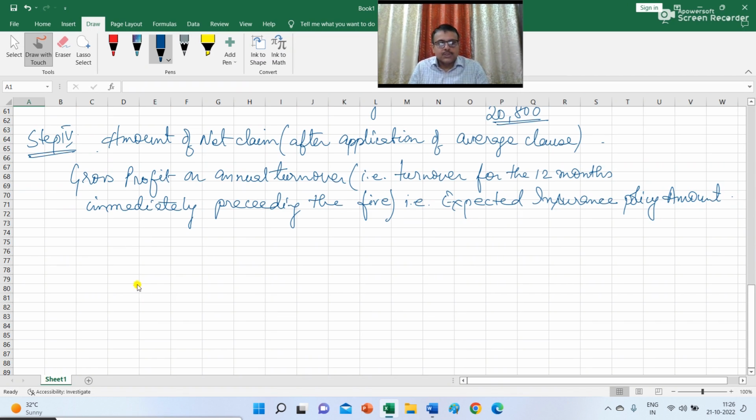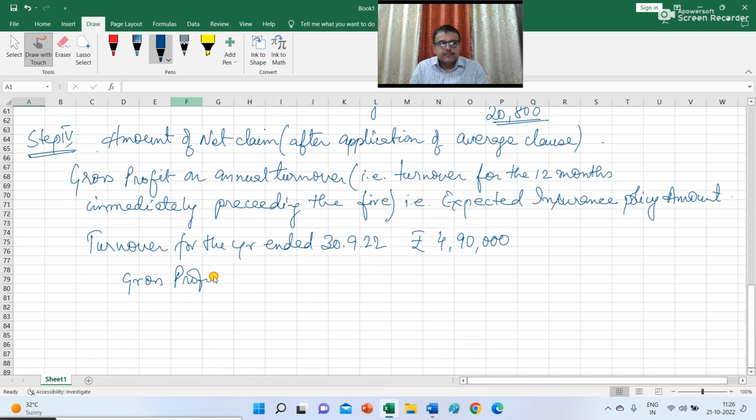And it is given in the question, the turnover for the year ended 30th September 22 is rupees 4,90,000. So gross profit 30%, multiply it with 4,90,000 and you will get 1,47,000.